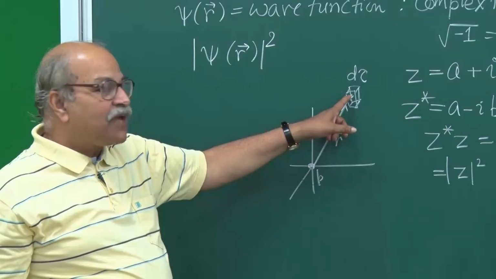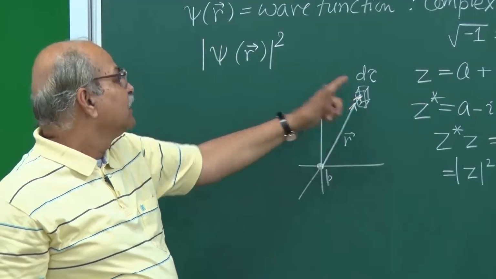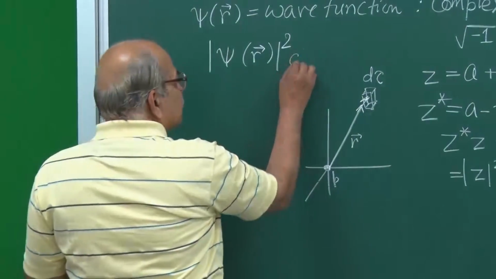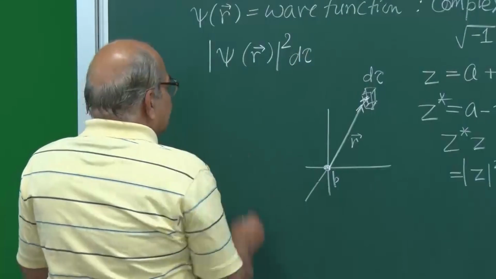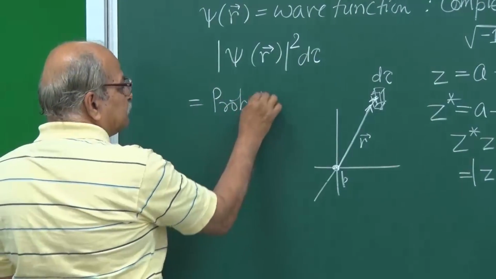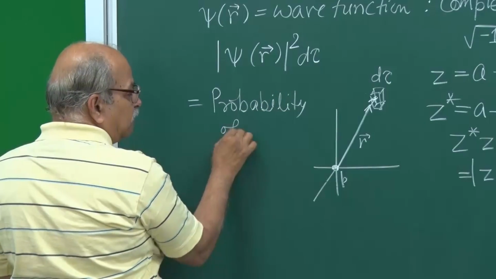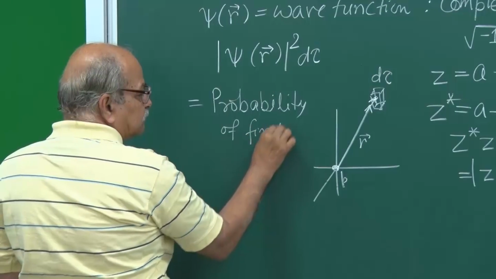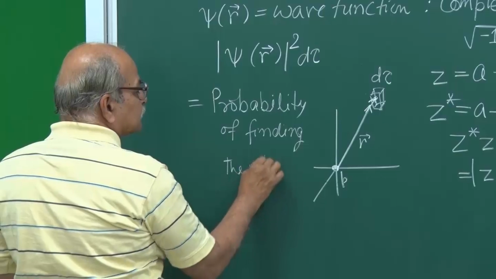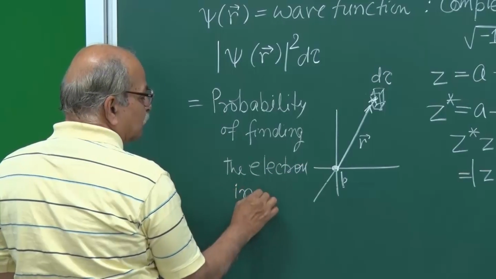There is some value of this wave function here, psi of r, and make this mod psi of r square multiplied by this d tau. This gives me the probability of finding the electron in this d tau.